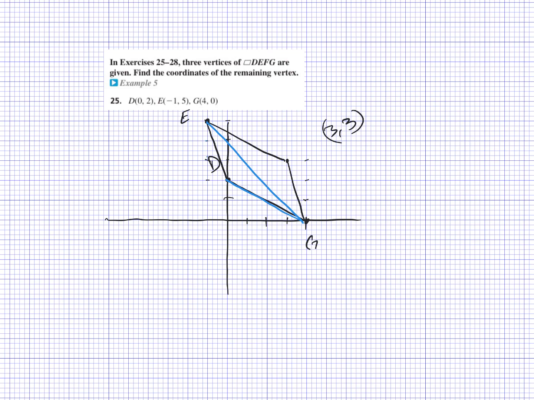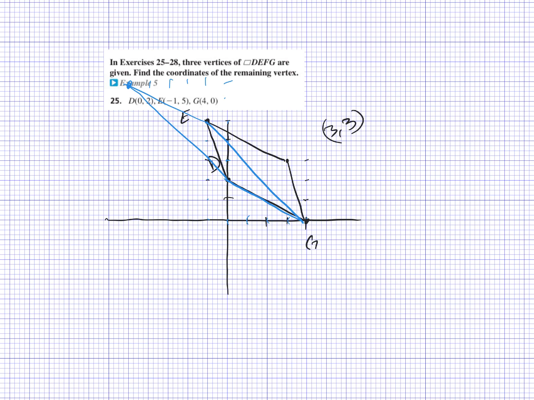Goes down 1, 2, 3, 4, 5, and over 1, 2, 3, 4, 5. So down 5 and over 5. So from D, let's go up 5 and over 5. 1, 2, 3, 4, 5, and 1, 2, 3, 4, 5. Way over there. So if we connect that, you have another possible parallelogram over there.